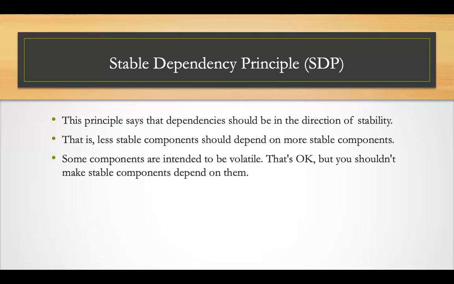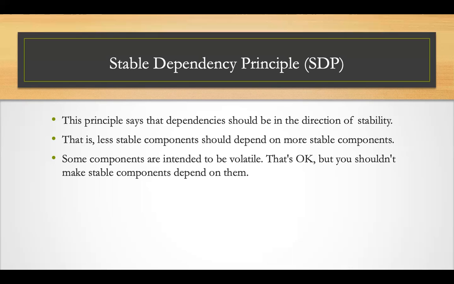The next principle we're going to talk about is the stable dependency principle. This principle says that dependencies should be in the direction of stability. So if you've seen the clean architecture diagram before, you would see that the source code dependencies were in the direction of stability, that is from low level to high level or from the details to policies.